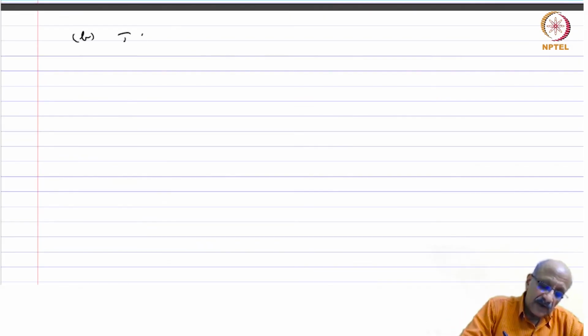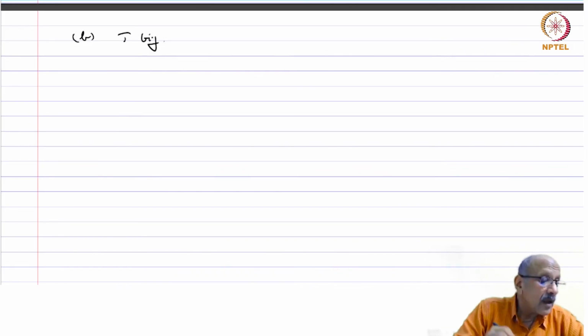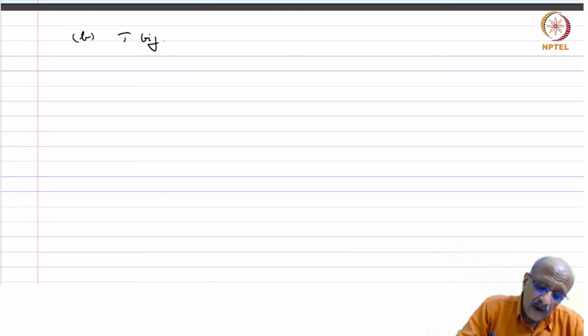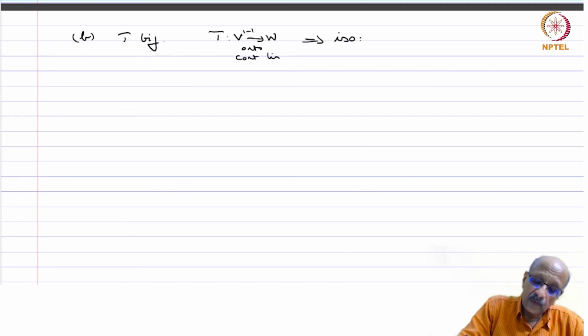Okay, so conversely, if T is a bijection, then you have T from V to W, one-to-one, onto, linear and continuous. So this implies, by the open mapping theorem, that T is an isomorphism.